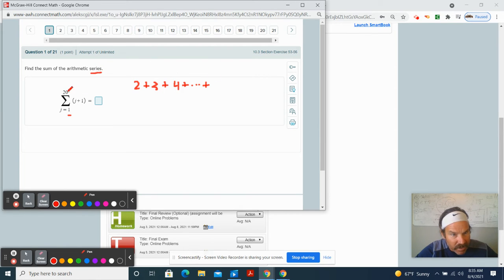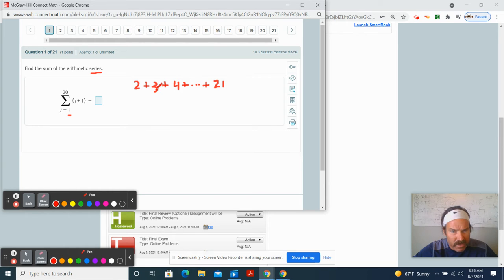And the last number, if we plugged in 20, 20 plus 1 is 21. If you wanted to take your calculator out and just punch in 2 plus 3 plus 4 plus 5 plus 6 plus 7 plus 8, and the last one would be plus 21, that's the long way to do it. I don't suggest doing it that way.